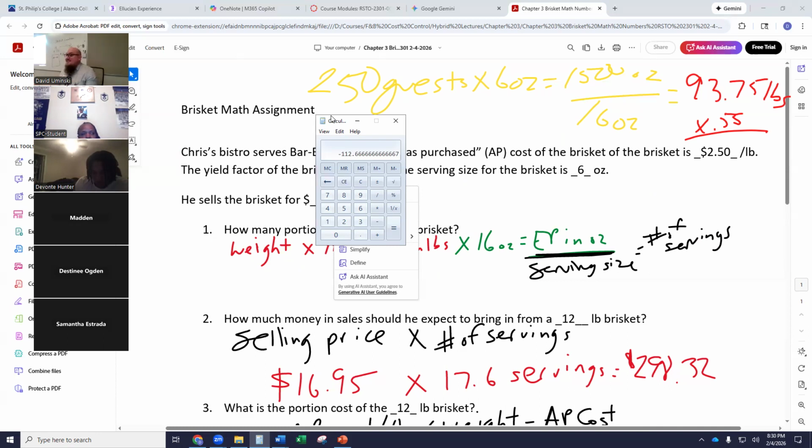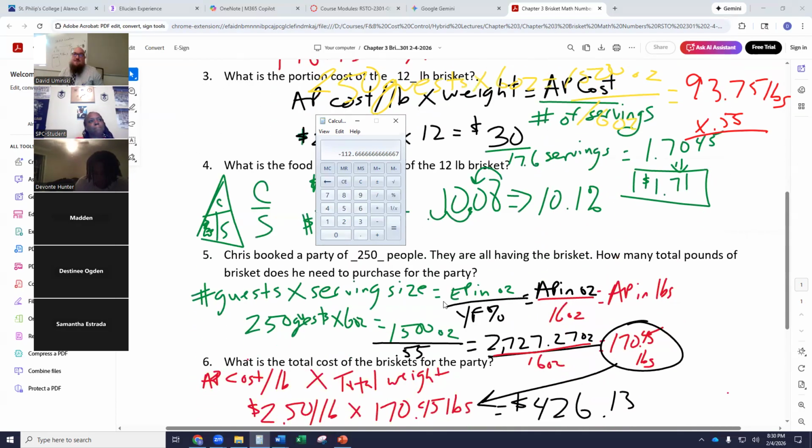So if the quality is there, and your guests don't mind it, that yield factor percentage is what you'll decide down here, and how much you actually have to buy. Sometimes we can buy pre-made stuff that has already been processed and our yield factor is much higher. But usually the cost is also higher. So some things to think about.